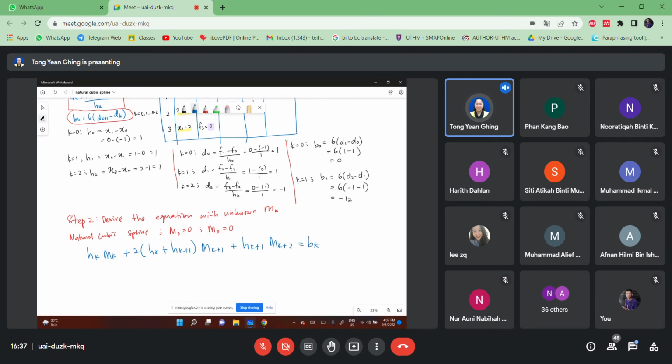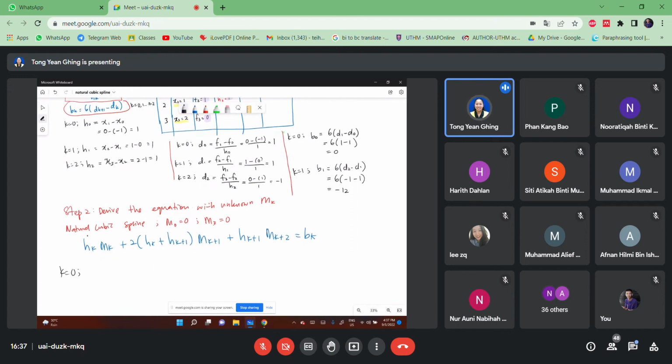Now we start with K equal to 0. When K equal to 0, we substitute. That means H0, M0 plus 2, H0 plus H1, M1 plus H1, M2 equal to B0.